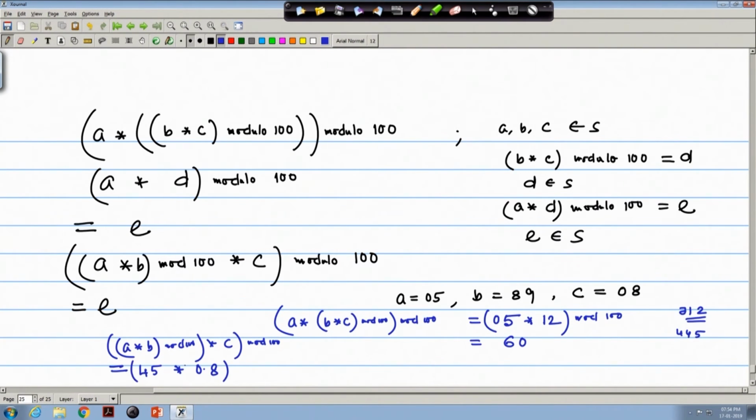So, if I take modulo 100, 8 into 45 is 360, so I will be getting only the 2 digits, 60. So, I see that it is also 60, that means the associative property holds.